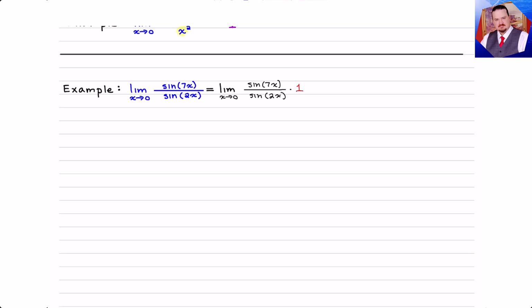This time I'm going to choose the following version of the number 1: 1 over x, anything over itself. So this is the limit as x goes to 0 of 7x over x.